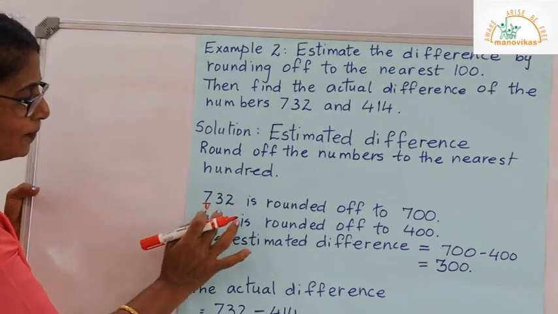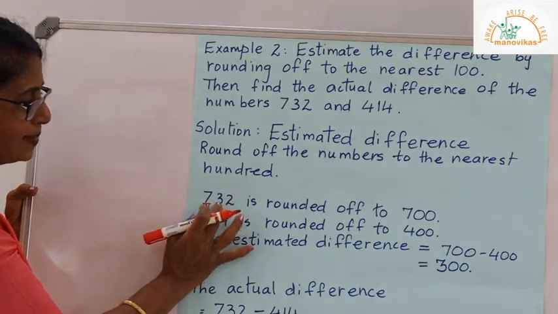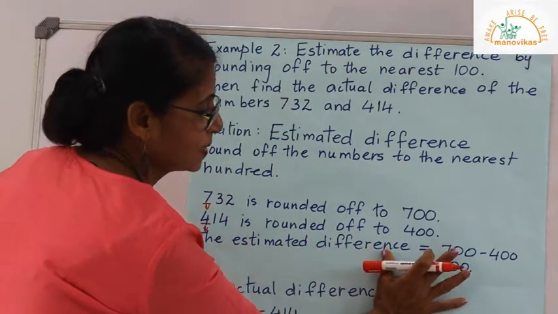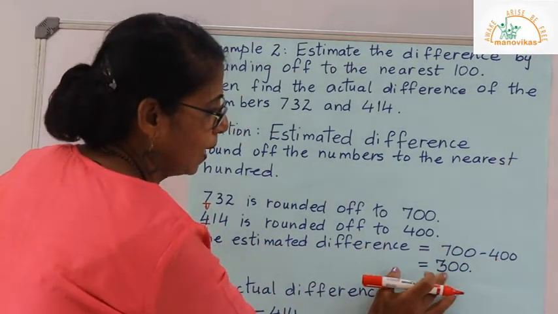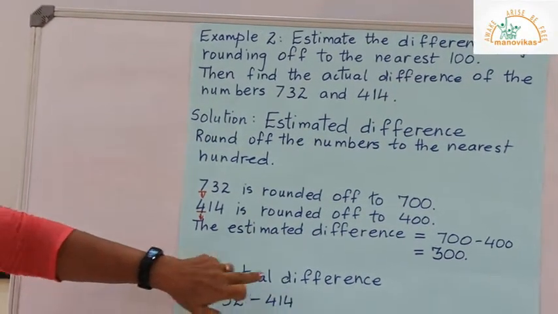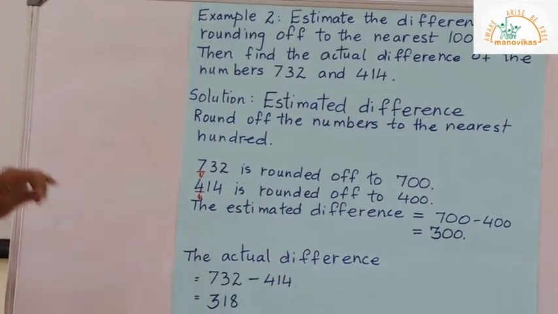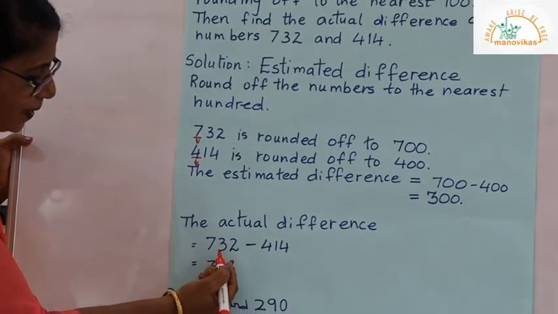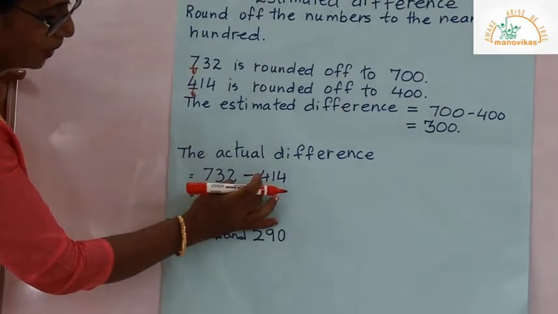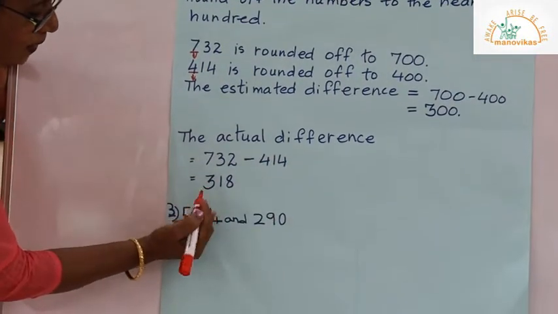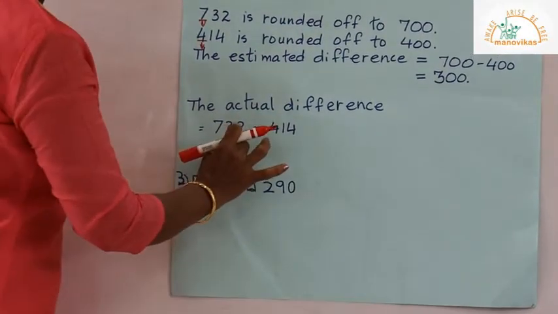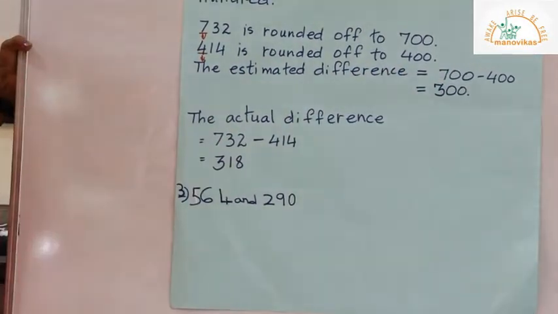So the estimated difference becomes 700 minus 400, you get 300. So the actual difference, when you take 414 away from 732, you will get 318.